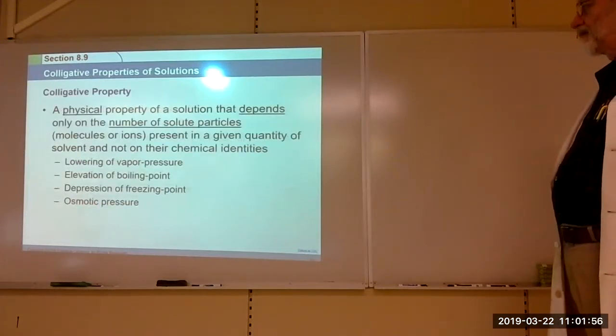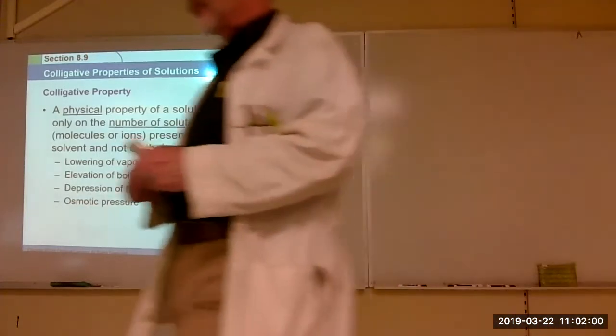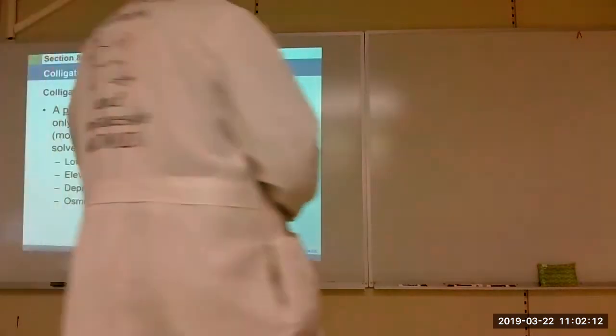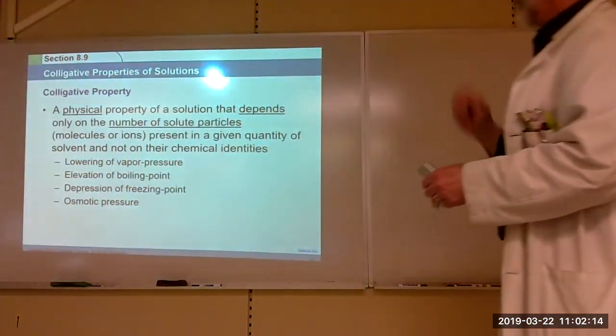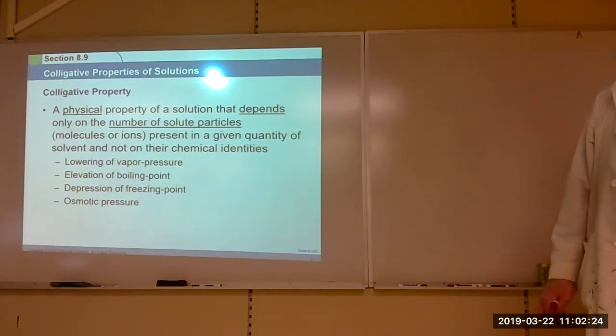Okay. Colligative properties. Okay, I think this is the last topic. This is where we cover a topic that you'll need for the lab when we come back from spring break. So what do we mean by colligative? A colligative property is physical. It's not chemical. So you're probably wondering, why do we need it in chemistry?